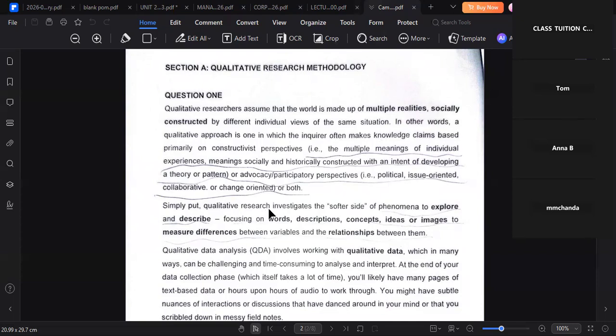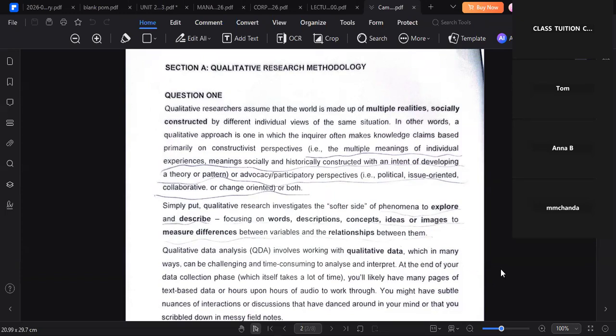Simply put, qualitative research investigates the softer side of a phenomenon to explore and to describe, focusing on words, descriptions, concepts, ideas, images, rather than measuring differences between variables and relationships between them. Qualitative data analysis, QDA, involves working with qualitative data, which in many ways may be challenging and time-consuming to analyze and interpret.